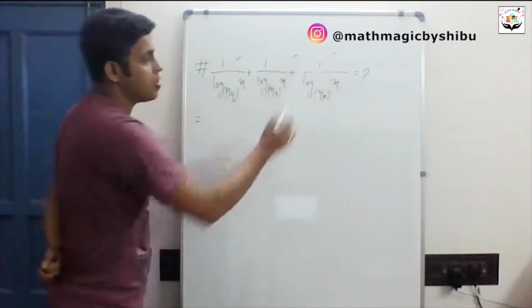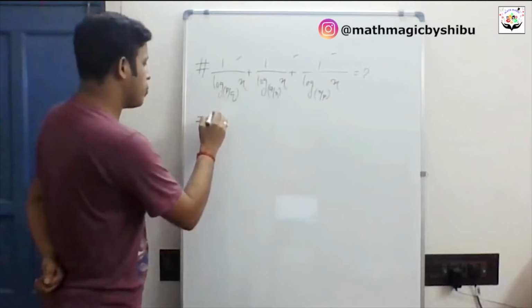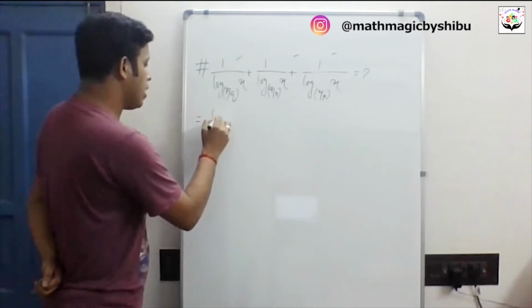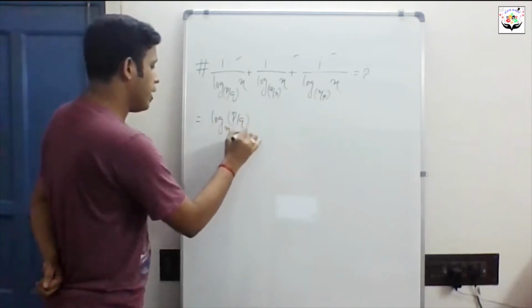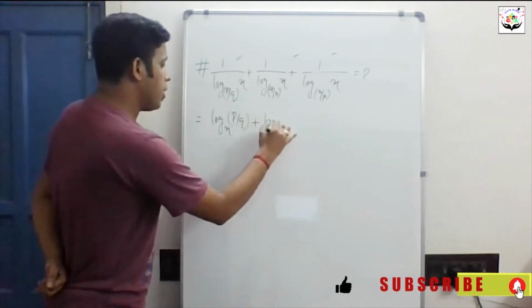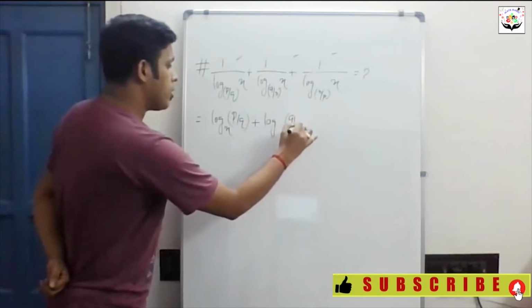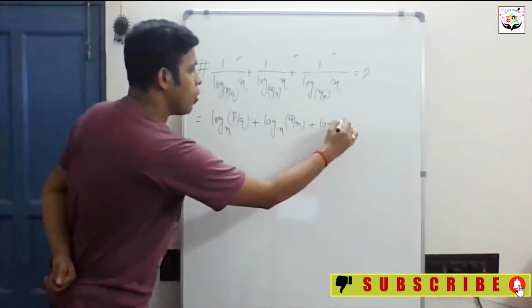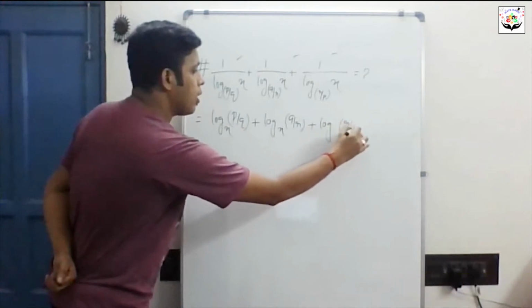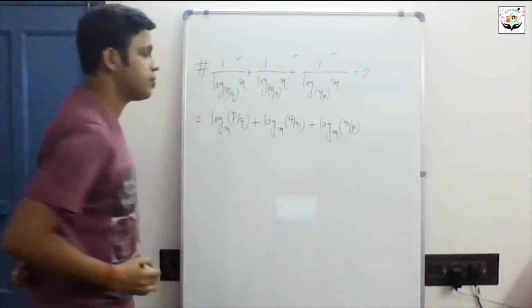There are 3 sections in the problem. If we just reciprocate, it will become log p by q x plus log q by r x plus log r by p x.